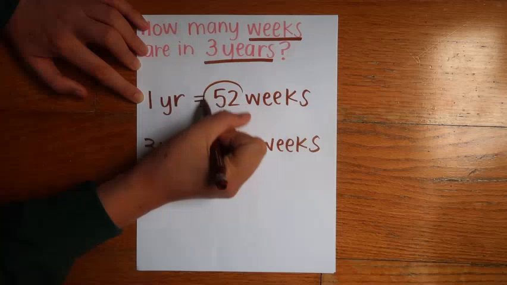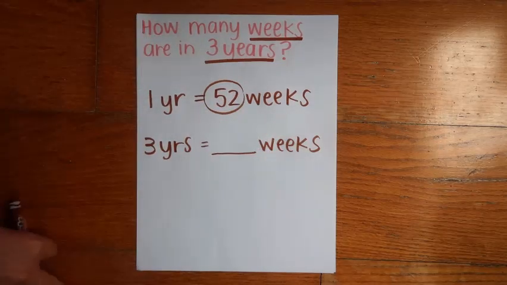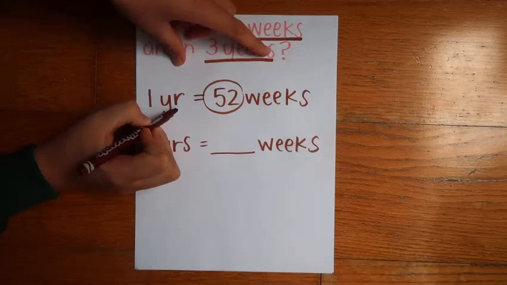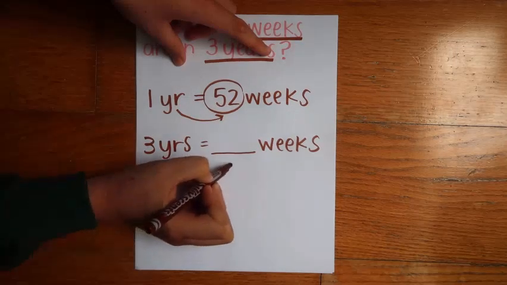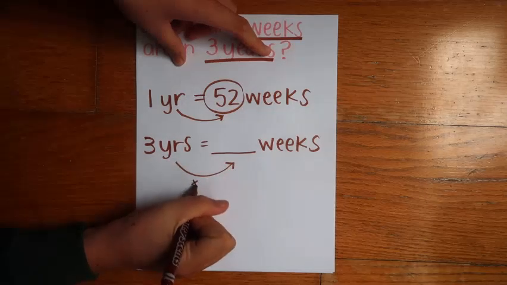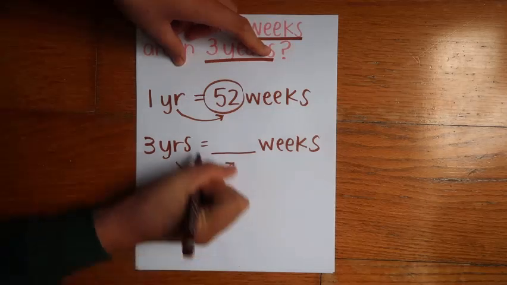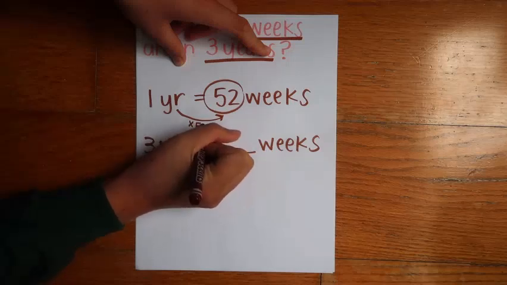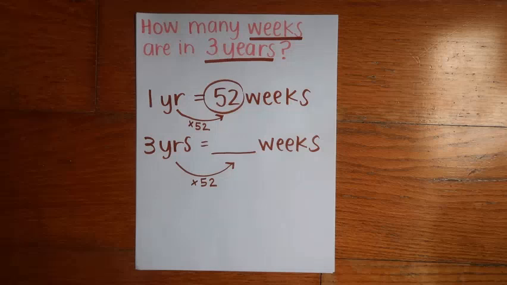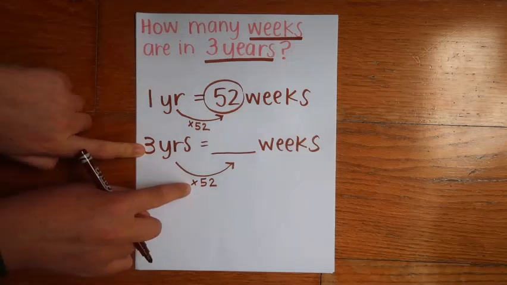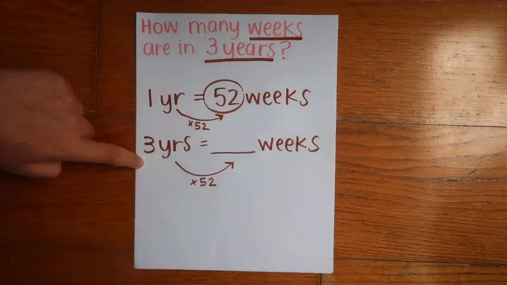Okay, again, here's my magic number. That's going to tell me what I either multiply or divide by in order to make this conversion. So 1 year to get to 52 weeks. Because I'm trying to go from years to weeks, I need to multiply by 52, because that's what I multiplied by up here. That's the conversion. 1 times 52 equals 52. 3 times 52 should tell me how many weeks that is.